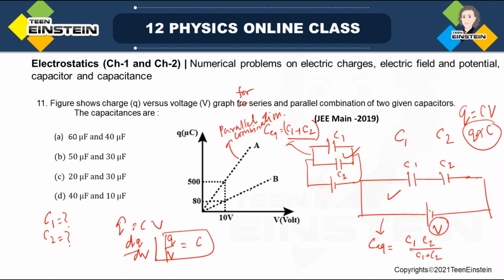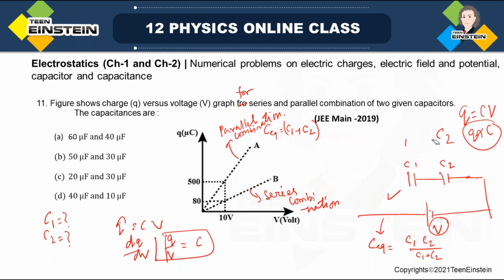Okay, so if we take the slope of each curve, this is actually for series combination. This is very clear, I hope. I'll just erase this part so that I can use it for calculation.